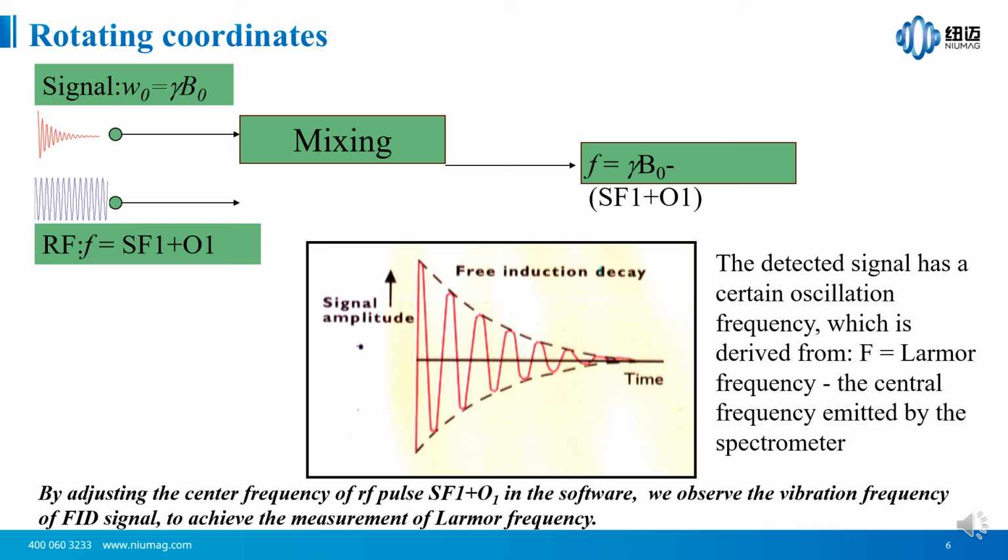In this picture, for example, the signals detected have oscillation frequencies. This frequency is going to be equal to the difference between these two. In this way, we can observe the state of the oscillation by adjusting the center frequency so as to achieve the measurement of the Larmor frequency.